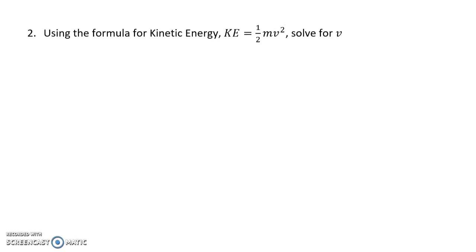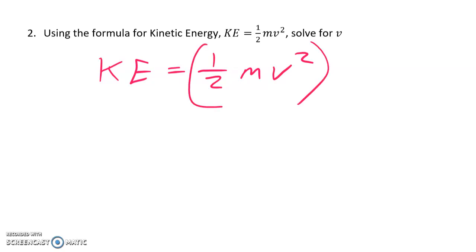So I'm going to go in the opposite order to solve for v. I'm going to do those actions in reverse. So what I'd start off with is getting rid of this 1/2. I'll do that by multiplying both sides by 2. That crosses out the 1/2.